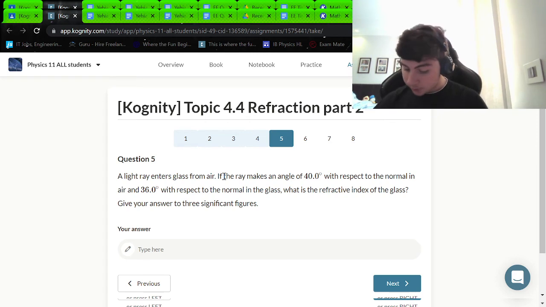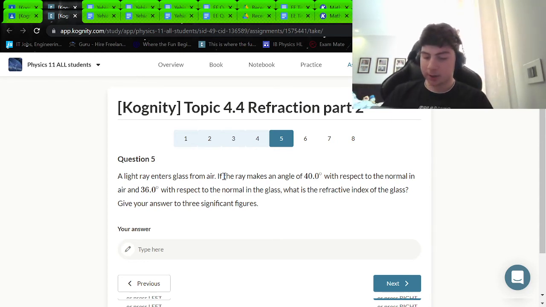Sine 36 over sine 40 is equal to air, we know the refractive index is 1, so it's going to be 1 over N2. Let's just get the angles first, and then we'll figure out the math later. So sine 36 and sine 40.